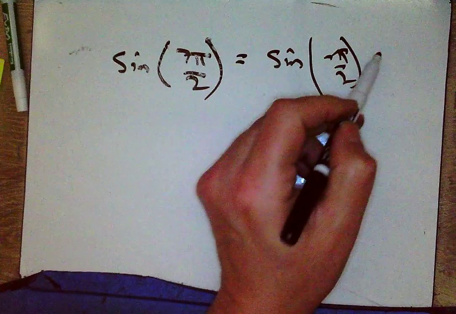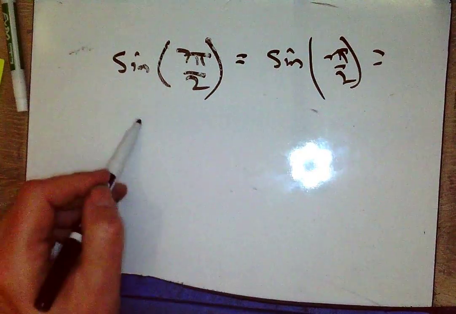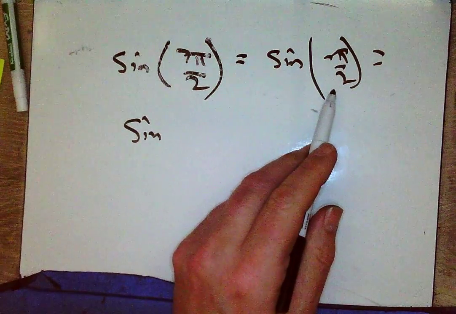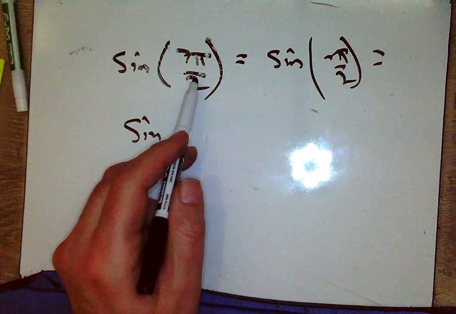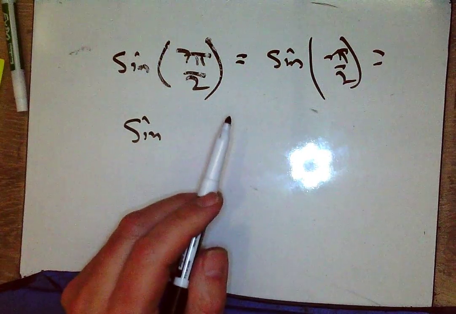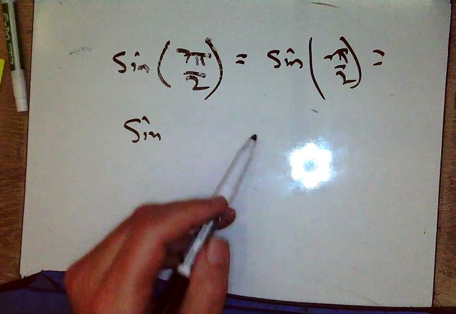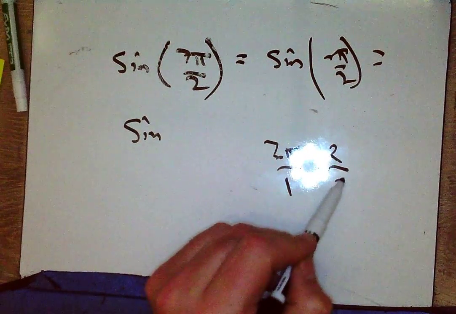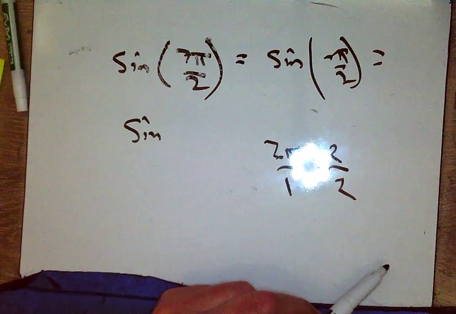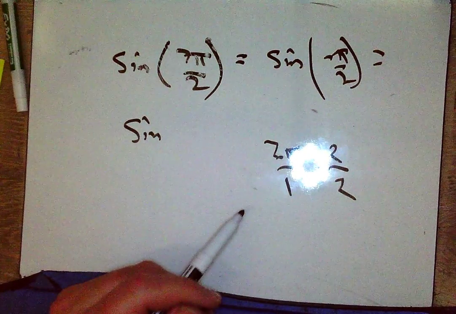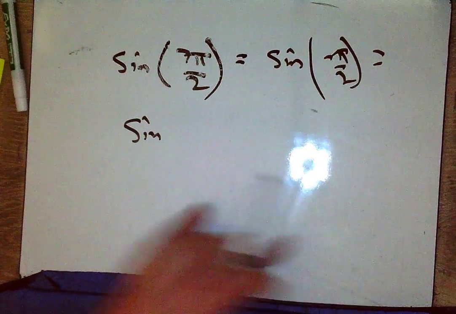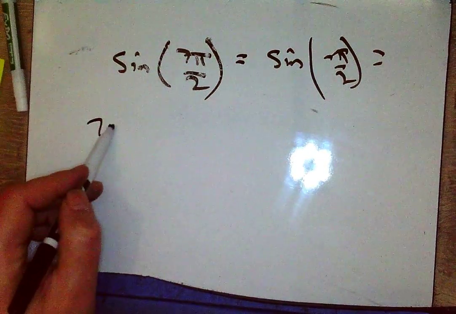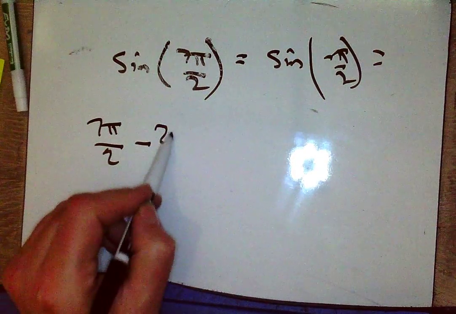Well, that's going to be the same as the sine of negative pi over 2, which is also the sine of, is that true? 2 pi. No, sorry about that. Kind of what I'm going to say is, why don't we use good calculations?